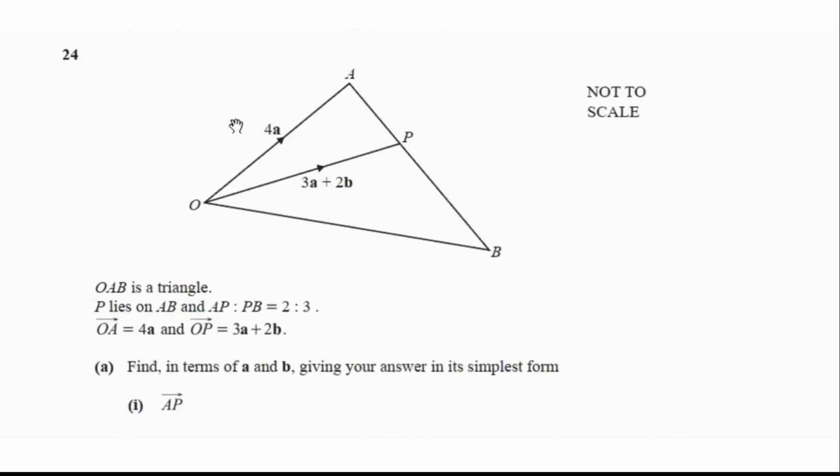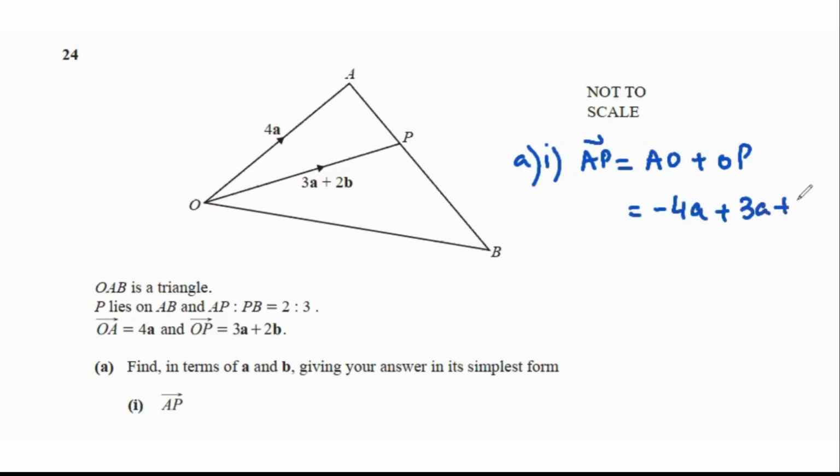Question 4 says OAB is a triangle, P lies on AB and AP to PB is 2:3. OA is 4a and OP is 3a plus 2b. Find in terms of a and b, giving your answer in simplest form, AP. So AP is going to be AO plus OP, which is going to be negative 4a plus 3a plus 2b.